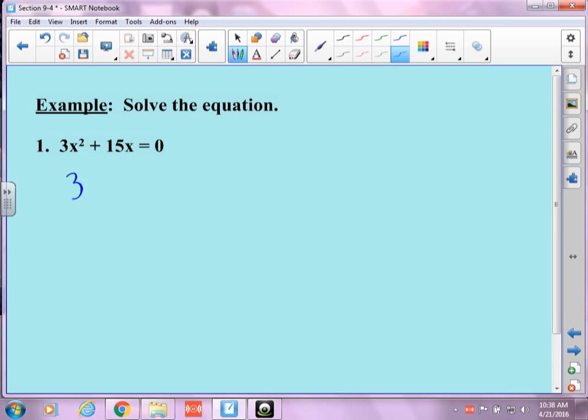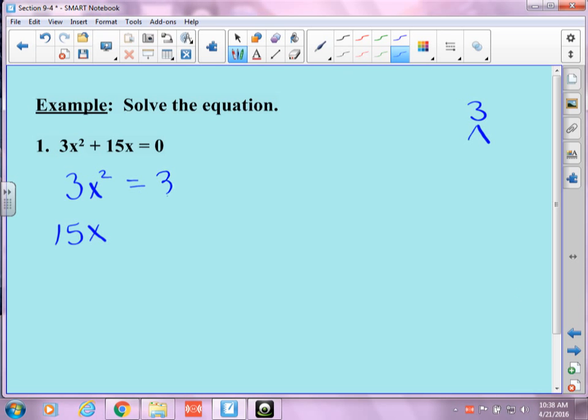So I'm going to go 3x squared, and I'm going to do 15x. You okay? I got my 2 terms. All right. So I'm going to pull out my 3. What do I notice? It's prime.